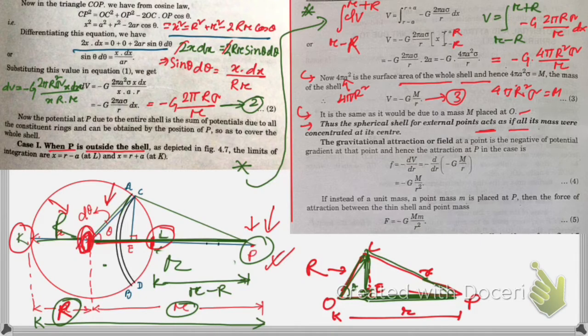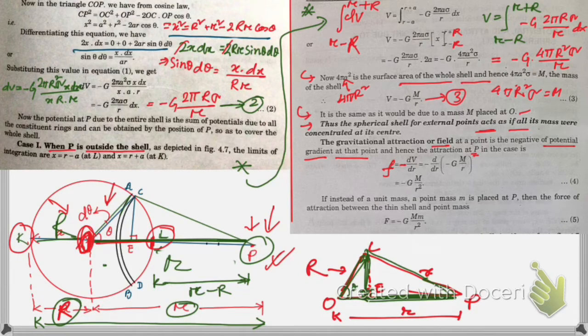The gravitational attraction or gravitational field at this point P is the negative of the potential gradient at that point, and hence the attraction at P, or gravitational field at P, in this case will be F is equal to minus dV by dr, right?